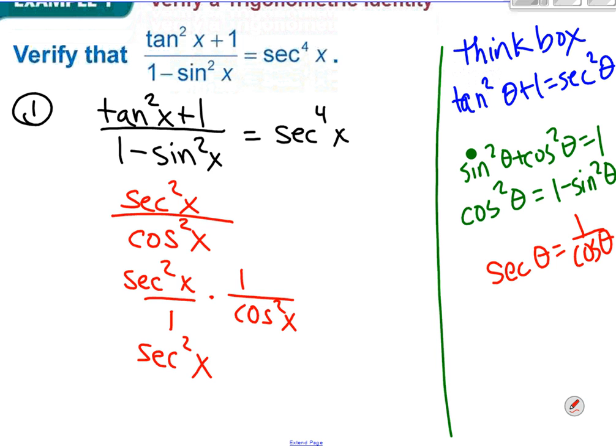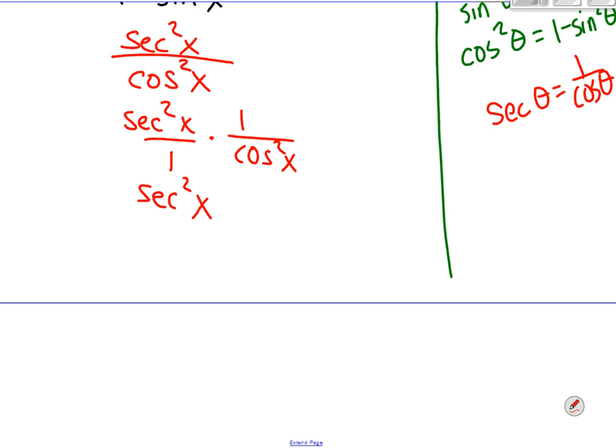And so then when I do this problem, this is 1 over cosine squared theta. And so I'll put in my think box there, secant squared theta is 1 over cosine squared theta, just to notice that I'm doing that. And so then this 1 over cosine squared is secant squared theta. And then secant squared theta times secant squared theta.